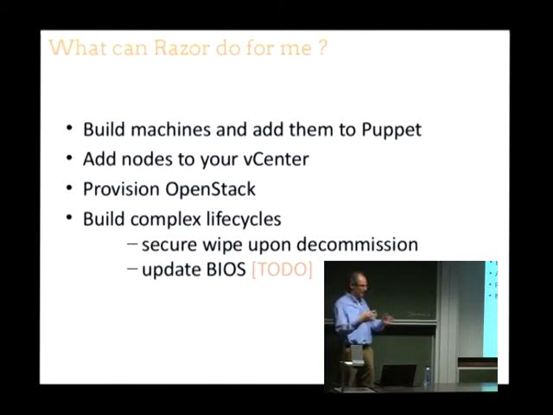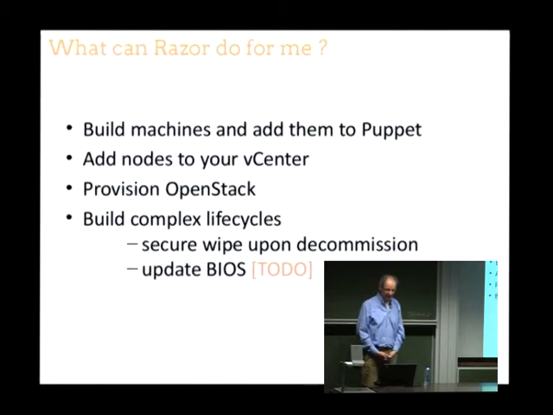But Razor's well integrated with that. One of the things I find really cool is you can use it to provision OpenStack. Because at the end of the day, you use Razor to lay down a basic operating system, get the Puppet agent going on that machine, and then you use the OpenStack Puppet modules to actually turn your machine into a Nova compute node or Swift storage or what have you.